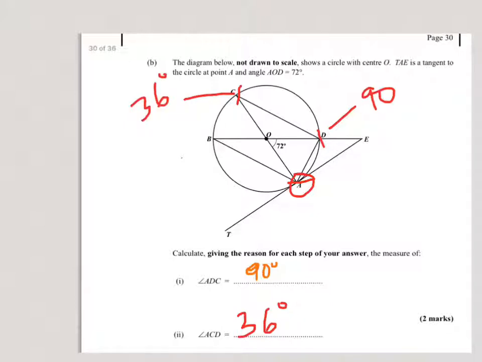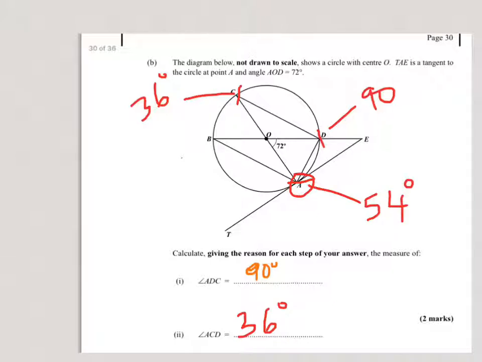So all we need to do now is add 90 and 36, then subtract that from 180 because we know the interior angles of a triangle sum up to 180 degrees. So 90 plus 36 gives us, and if your answer is 126, that's correct. Subtract 126 from 180, we're left with, and if your answer is 54, then angle CAD is 54 degrees.